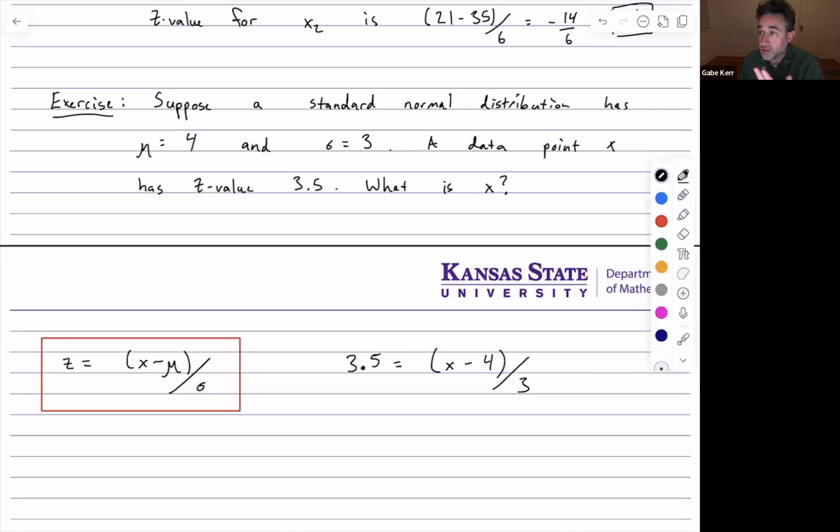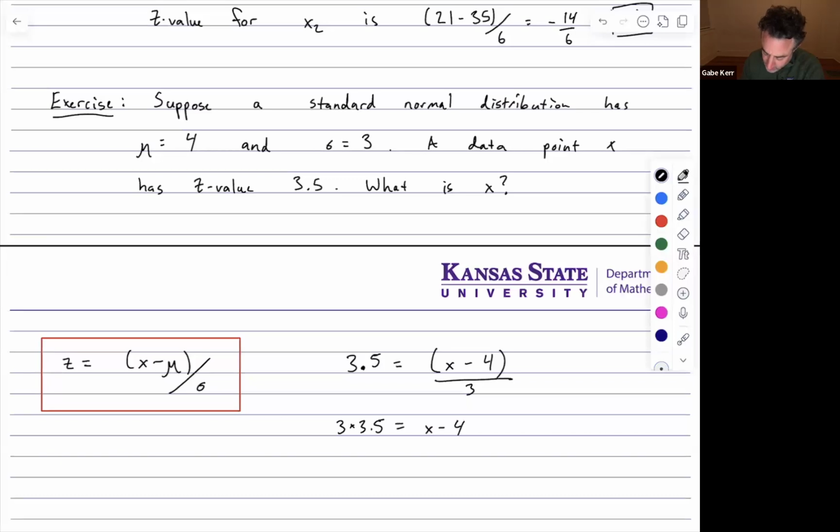Now we're in sort of an algebraic equation situation. I know that's not fun for many, but this one's not too bad. We want to get a number on one side and our unknown on the other. So we'll multiply both sides by 3, and we get 3 times 3.5 on the left equals x minus 4.